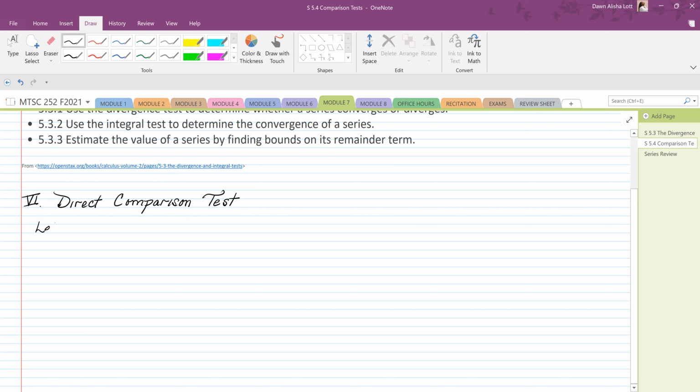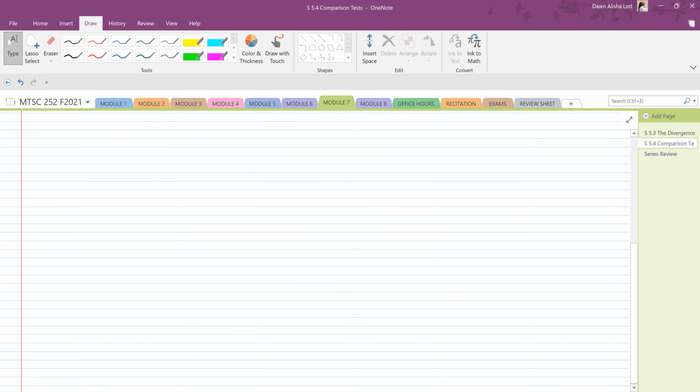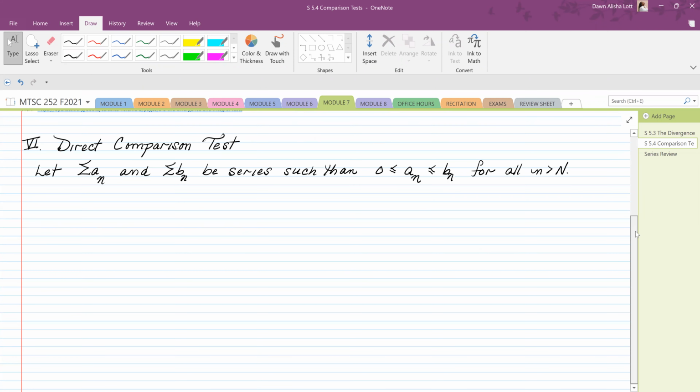Let summation an and summation bn be series such that they're positive term series, and an is less than or equal to bn for all little n after some big N. It may not happen in the beginning, but as we look at the series overall, we can see that one series is always bigger than the other.